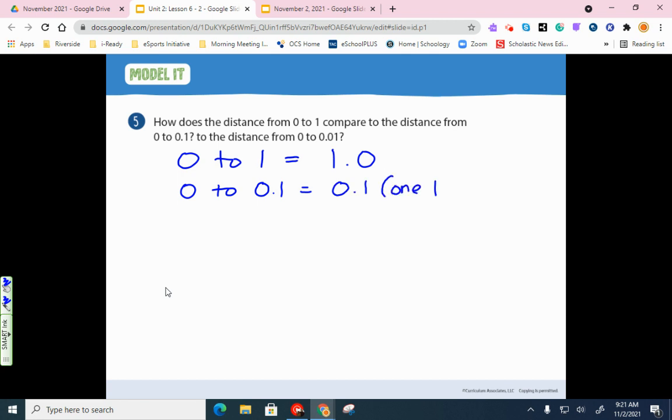And I just want you guys to write that in there to get used to that and get the connection. Let me erase this. 0 to 1/100, that is this 1/100. Right?